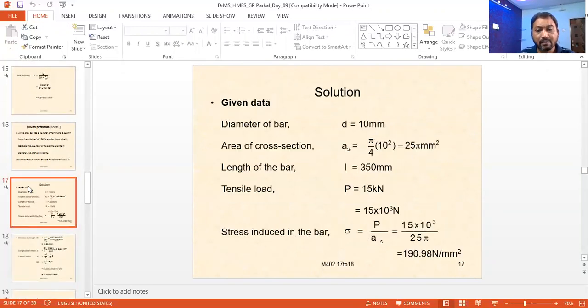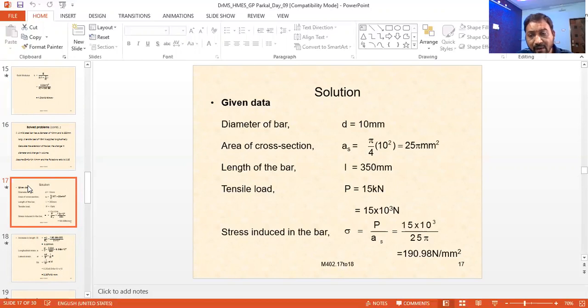Now, to go for the solution, firstly we have to write down the given data. Here the diameter of the bar D is equal to 10 millimeters. The next step is to find the area. Cross-sectional area is equal to pi by 4 into D square, so pi by 4 into 10 whole square.